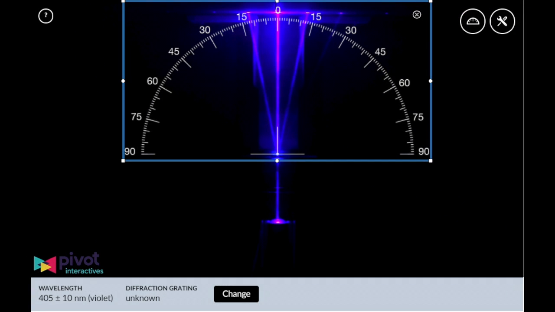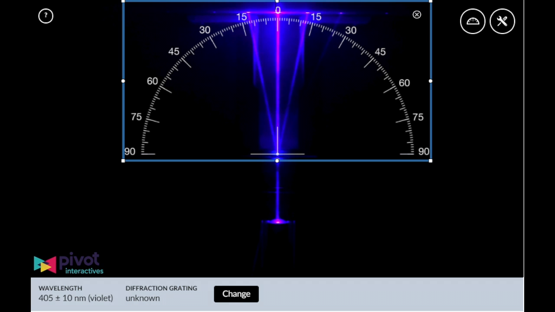For part 4b, you're going to determine the grating spacing for a grating with unknown line spacings. You're going to calculate the line spacing for this diffraction grating using each possible wavelength, then average your values and report the line spacings.